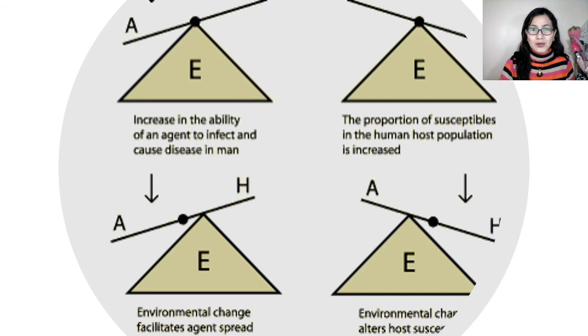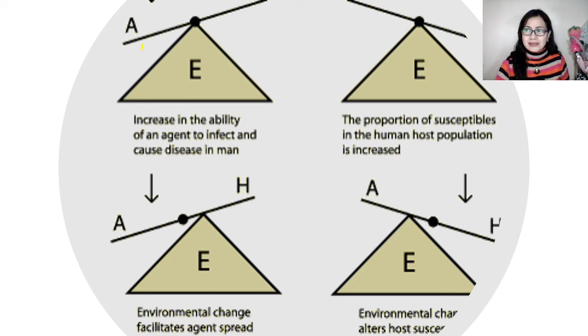So let's take a look at these figures, okay? So you can see here, this is the environment. It's always the one holding the beam or the lever, okay? That again, when we say normal, there's balance between agent and the host. It's balanced.